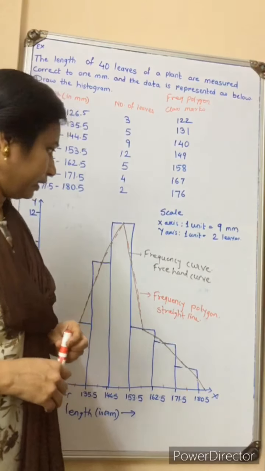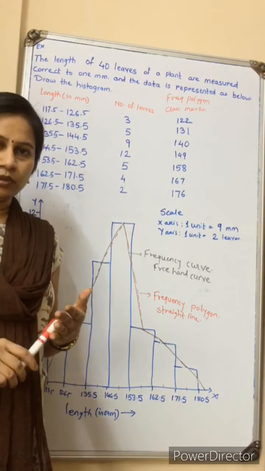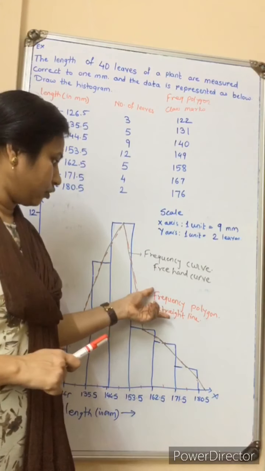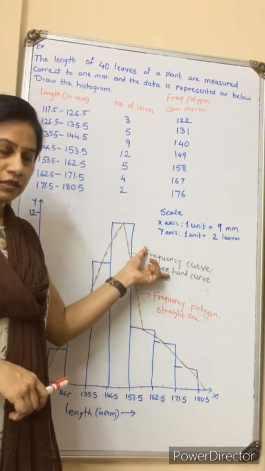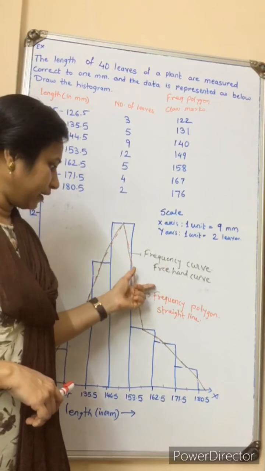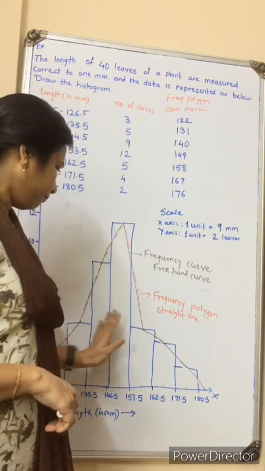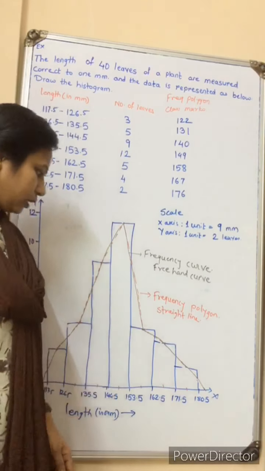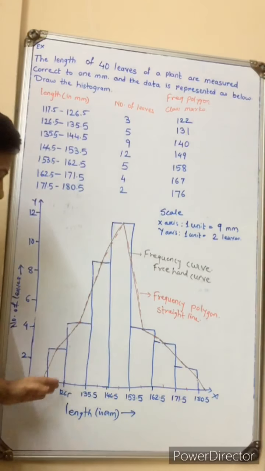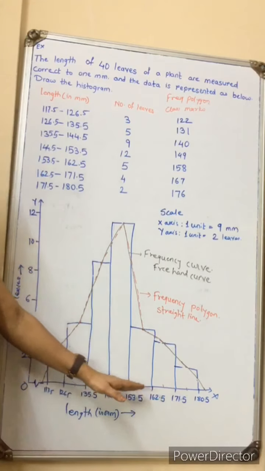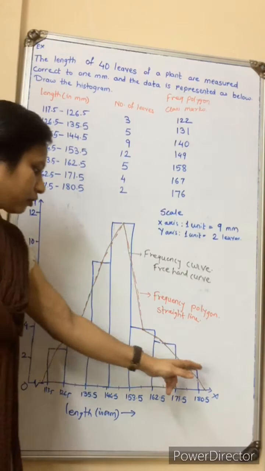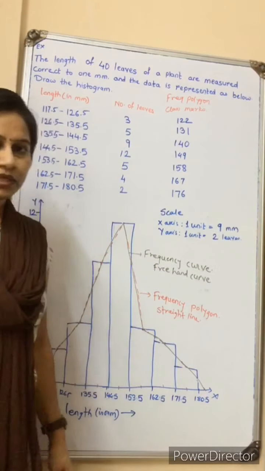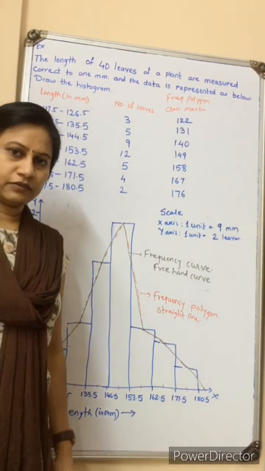So here we saw histogram for unequal width, histogram for equal width, frequency polygon, and frequency curve. For a frequency curve there need not be a histogram. Directly you draw the center points, mid values, class marks, and draw a graph for the frequency. Then you will get a frequency curve, which is a freehand curve.